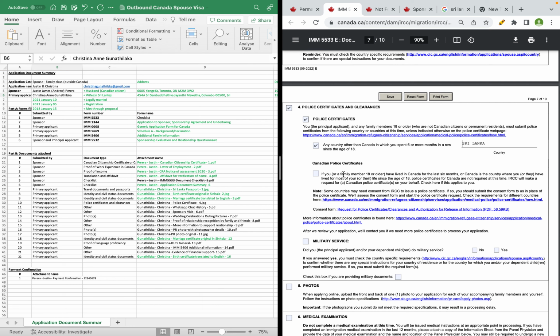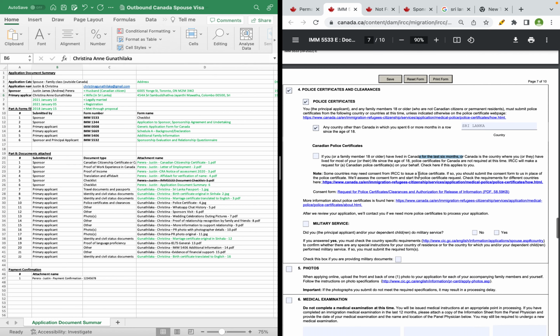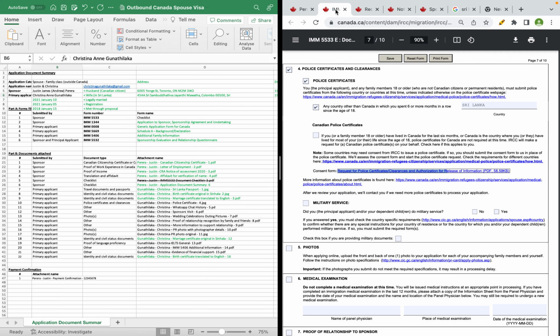Canadian police. If you have lived in Canada for the last 6 months, this was not relevant for me, because I never lived in Canada for the last 6 months. Using the following instructions, try to get the police certificate from your organization, like the country.